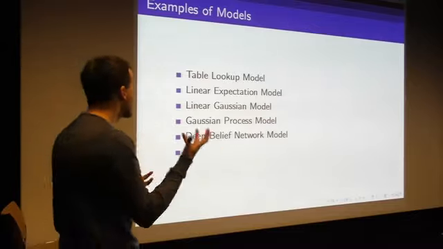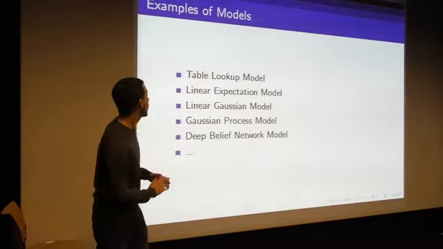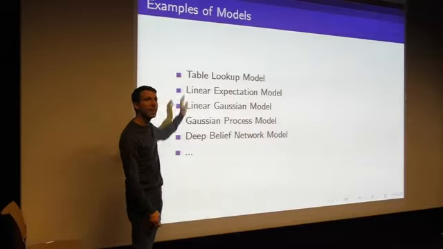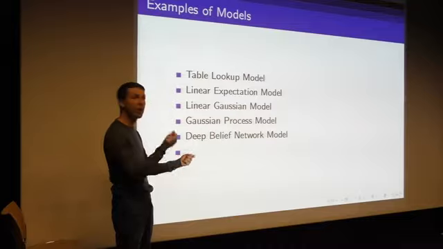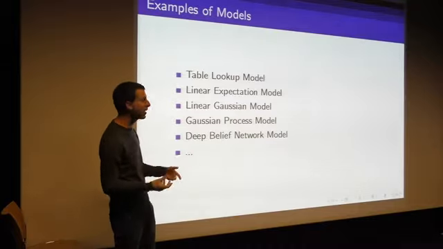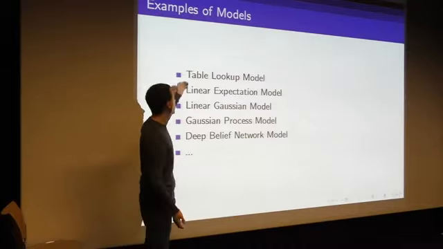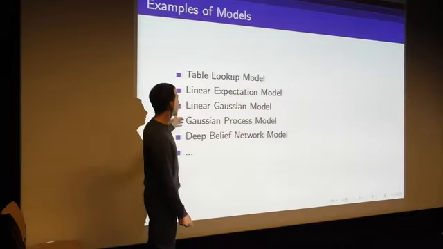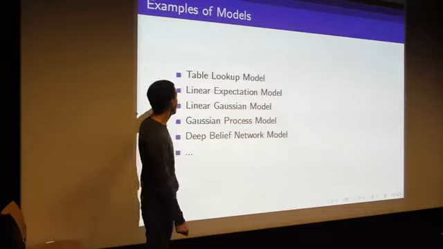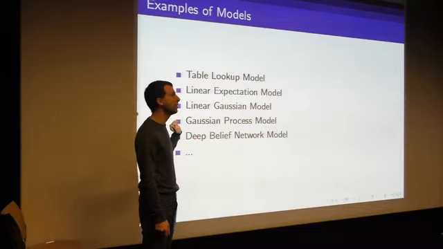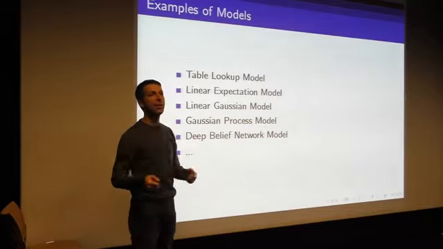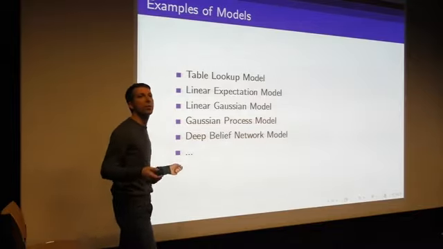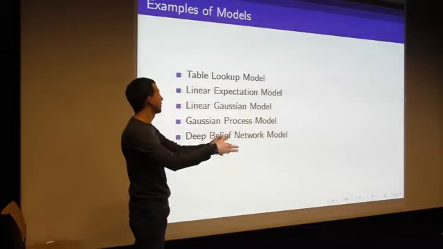So let's just make this concrete by thinking about examples. I will talk about the simplest possible case in the coming slides, which is the table lookup model, where basically for every state action pair we estimate the reward and the next state separately. In general, of course, this doesn't scale, and it's usually a bad idea, so you can pick your favorite approach. You could make a linear model, where you basically say, if I have some features describing my state and action, what will my expected next features be?